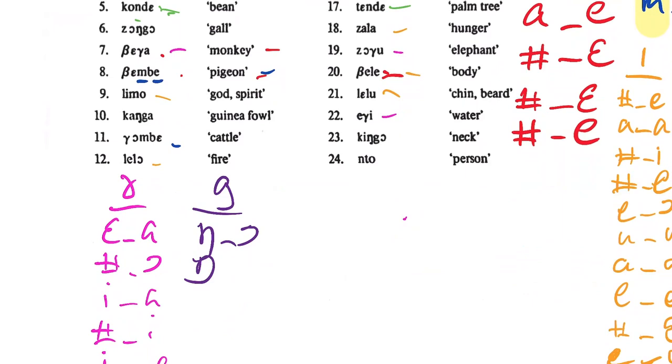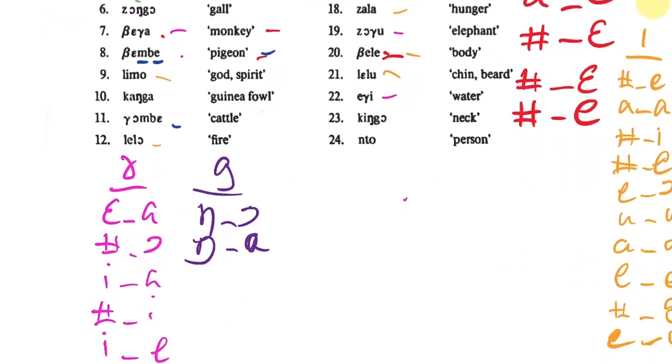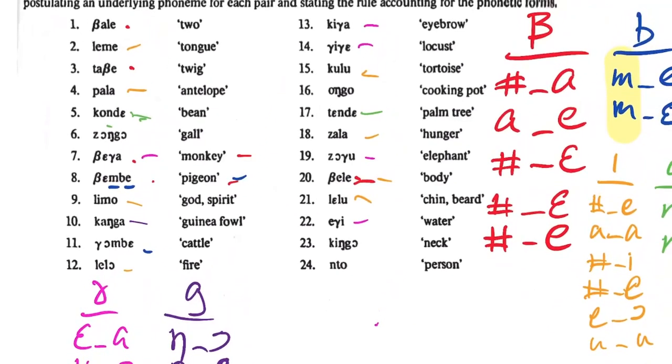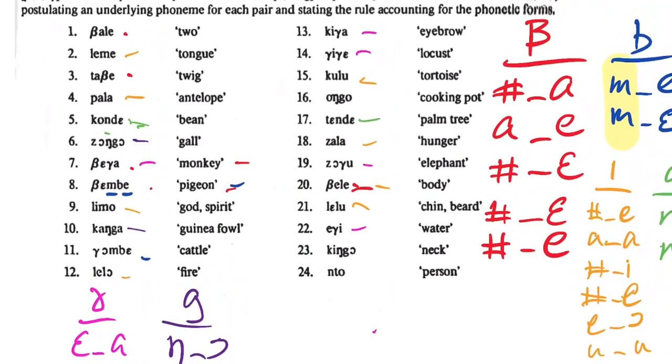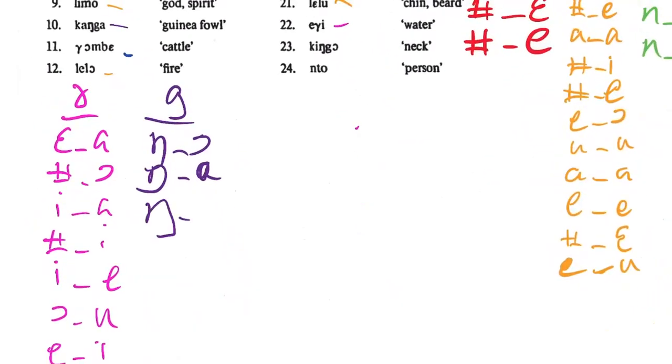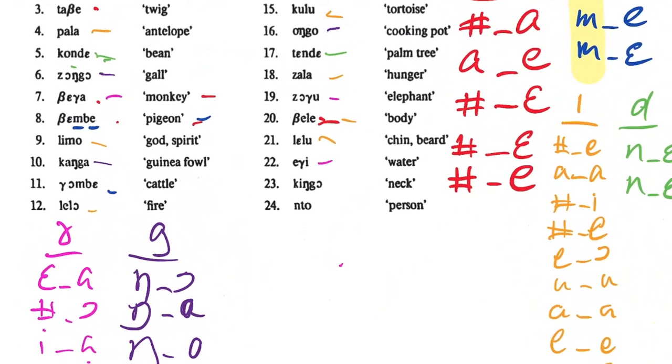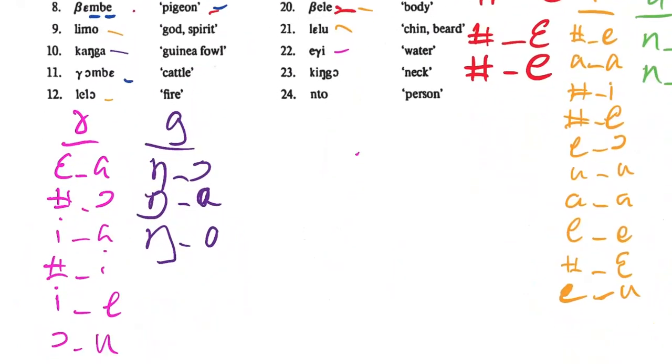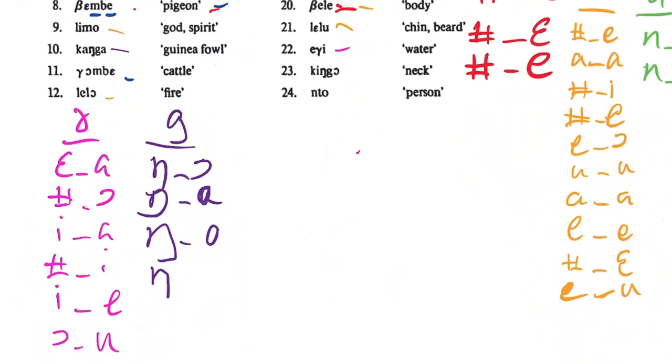And a Ng followed by a G followed by an A. Okay, so we got that one too. Here we have a Ng followed by an O. Ng, O. And then, great, we have a Ng followed by an open O.